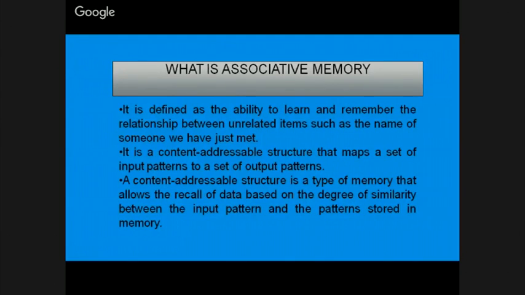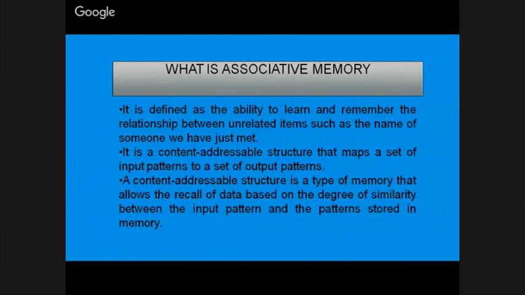Say you have heard some song, and if you hear that song after a few months or a few years, then maybe you can remember what movie it is from, or on which hero or heroine that song was picturized. So these are the associations between different patterns, and the human mind can remember these associations.